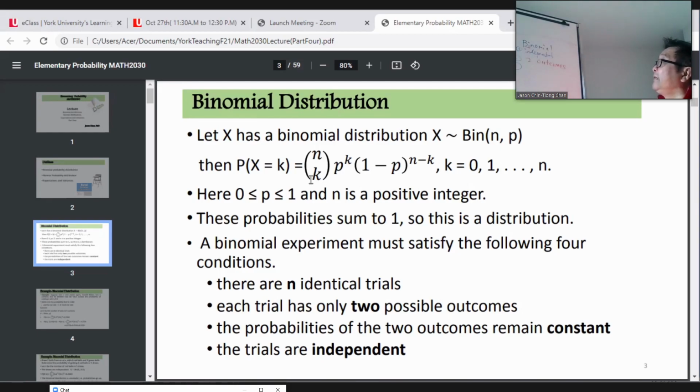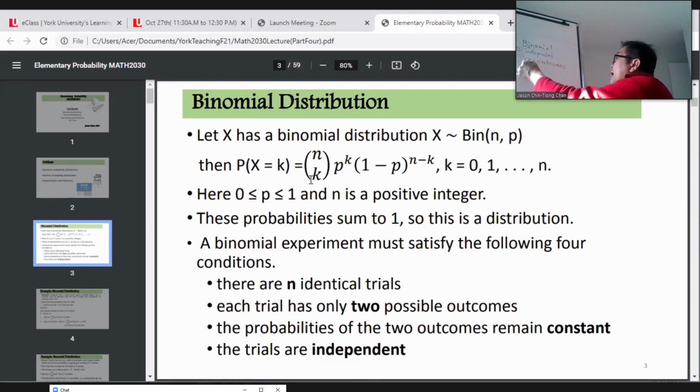And then the situation: every time you flip the coin, the chance is 50% to get tail, 50% to get head. So every time you try to flip the coin, the situation is the same.